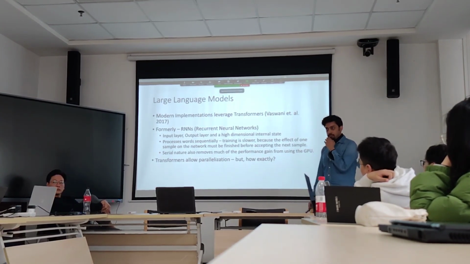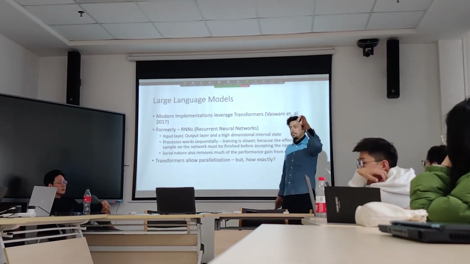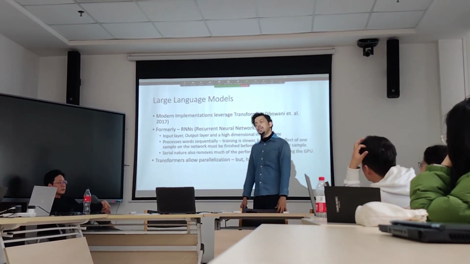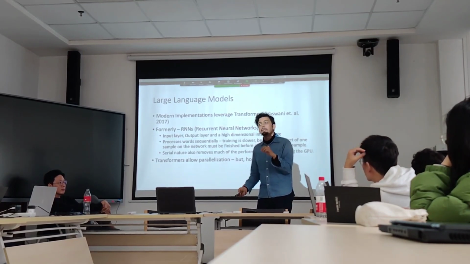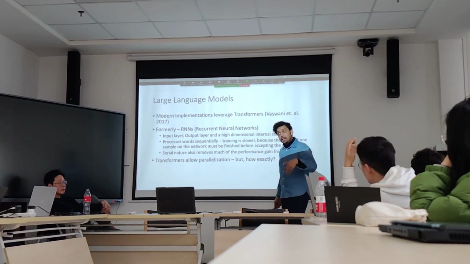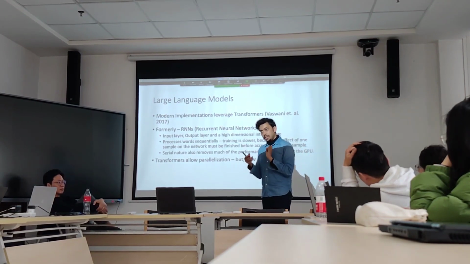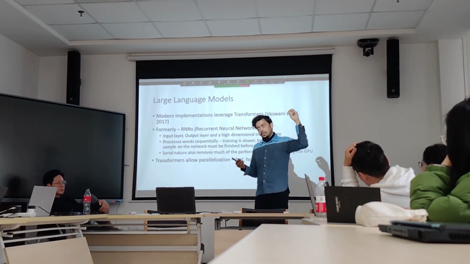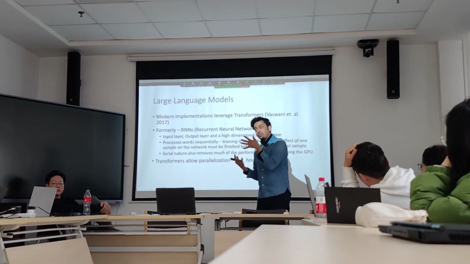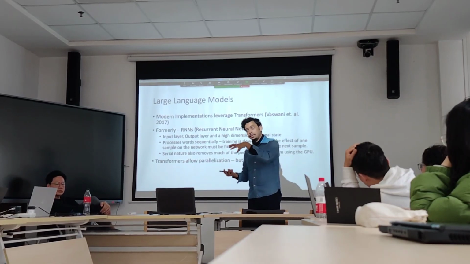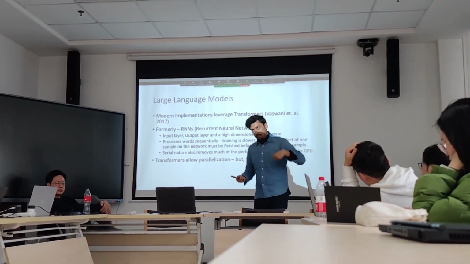Yes. This is because the internal state needs to be updated, and the state is really high dimensional. In fact, even if the state is low dimensional, you would run into more problems because the network becomes smaller. But fundamentally, the updation rule is Markovian, in the sense that before I can tell you how a sample would pass through the network and give me what on the output, I need to have the network in the configuration that it would be in if the previous sample has been fully processed.